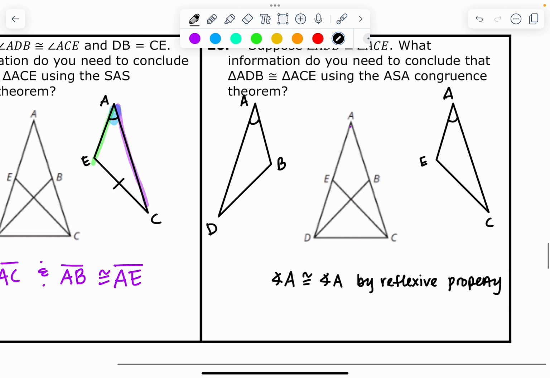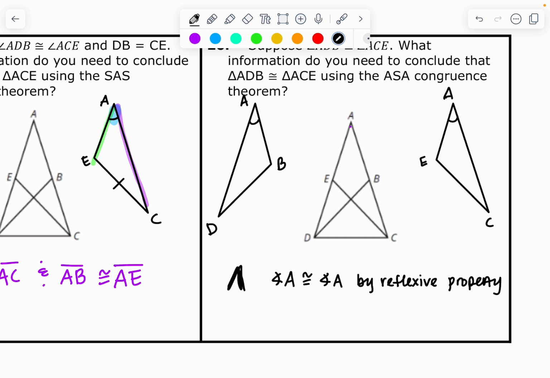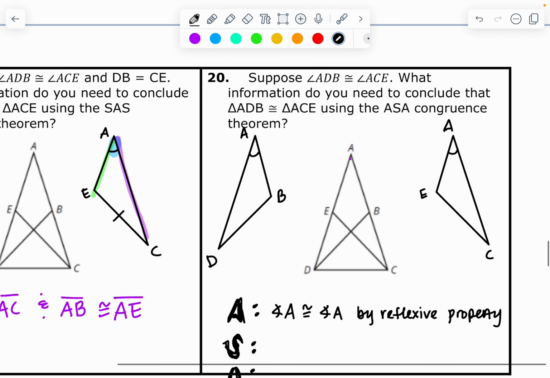All right, so to prove angle side angle, we need a side because this is our angle right here. So now we need a side and another angle. It really doesn't matter, but let's say we use these two sides.